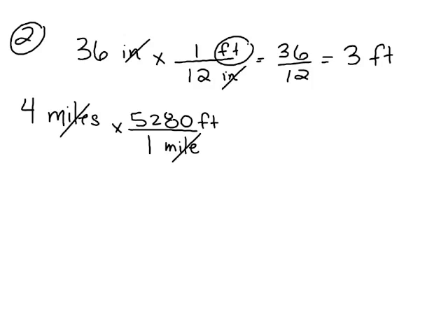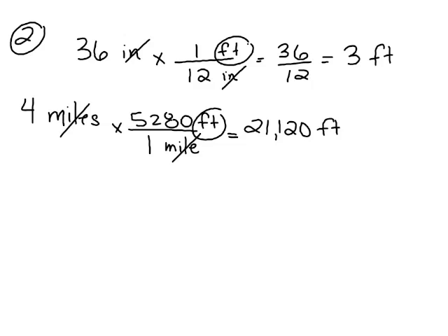Miles cancel. So 4 times 5280 is 21,120. And what unit did I have? Feet. So 4 miles is 21,120 feet.